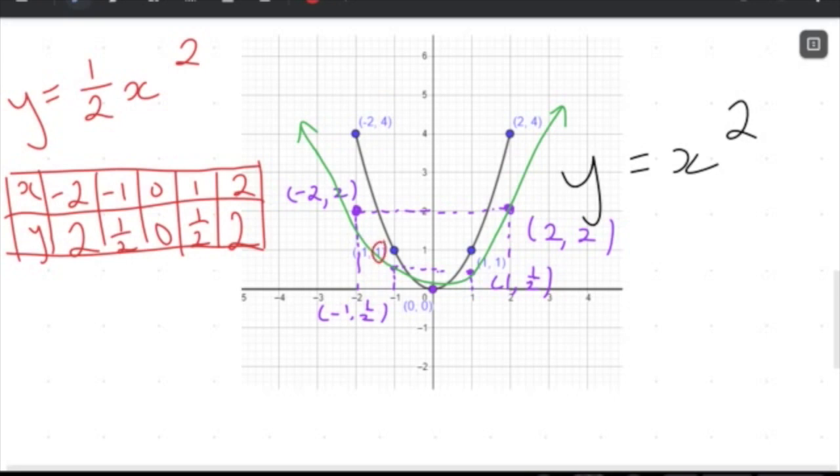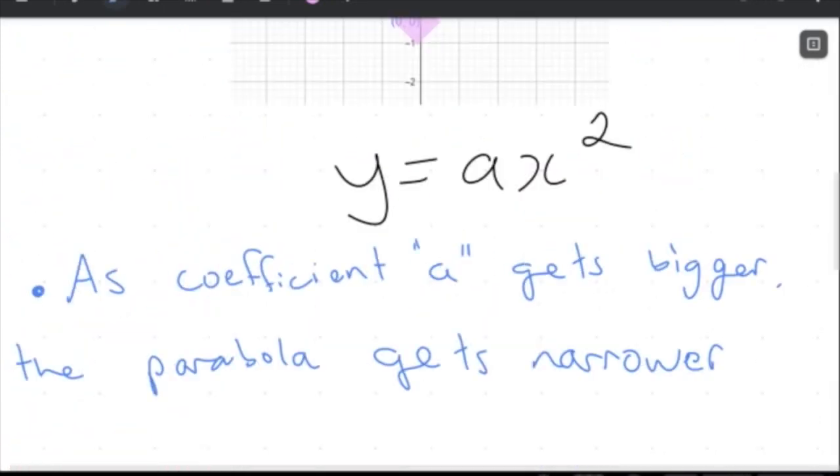Now we have the y coordinate of 1 when x is -1, and on my dilated parabola, putting this coefficient in front, making it smaller, I get half, and half is a half of 1. It's a half of a whole. Now for 0, 0, half of 0 is just 0, so we get the same thing happening as we did up here.